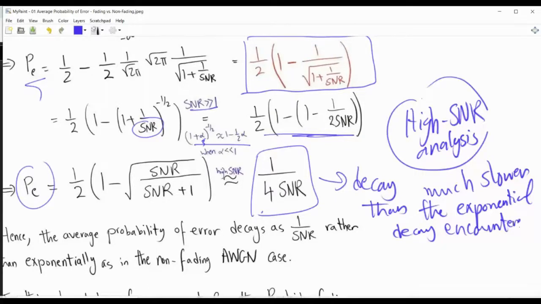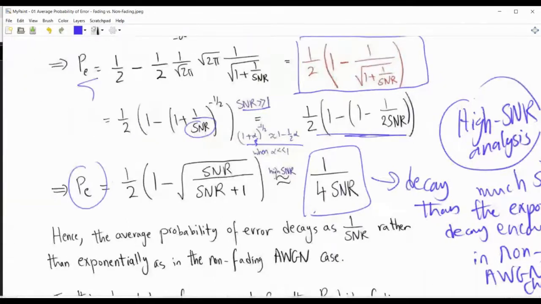encountered in non-fading AWGN channels. For what you learned in a previous course on digital communications, basically you stop at the Q function, right? You do not have this averaging step.